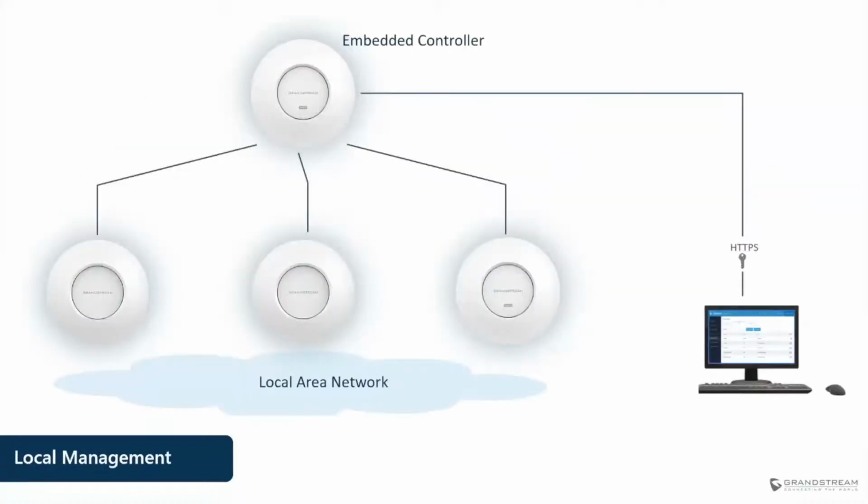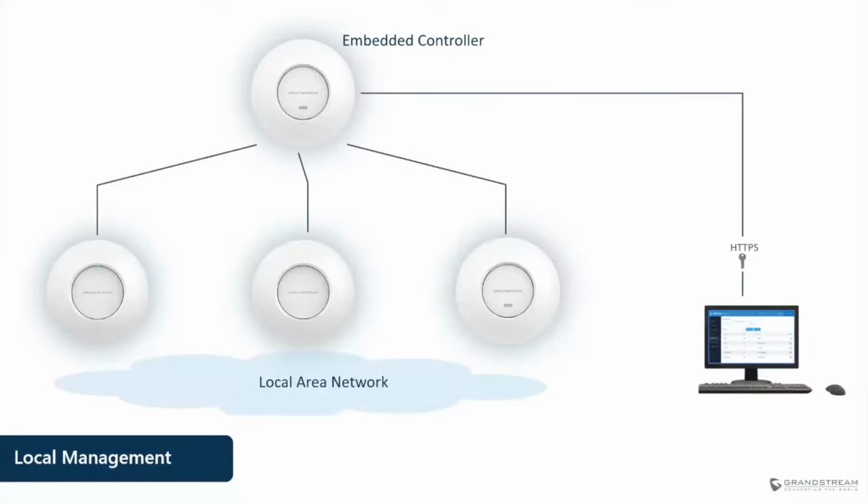To locally manage Grandstream access points, all models of Grandstream access points come with an embedded controller. It provides centralized management of up to 50 GWN access points.